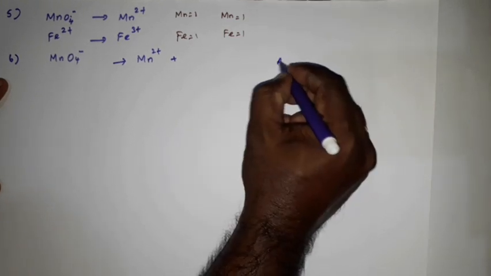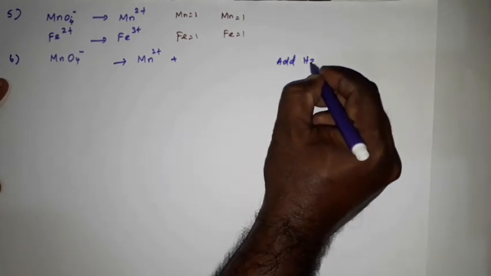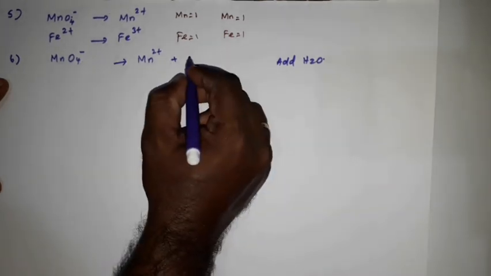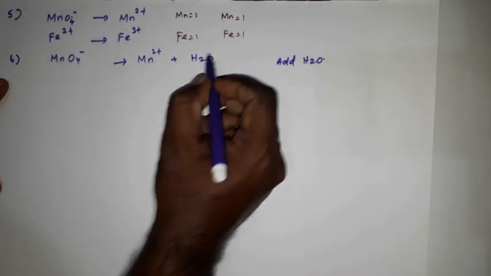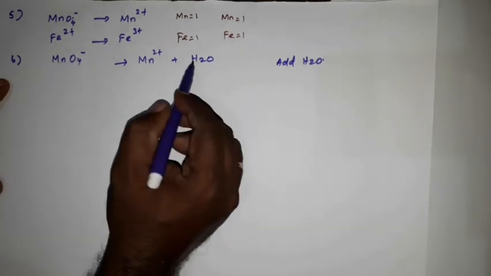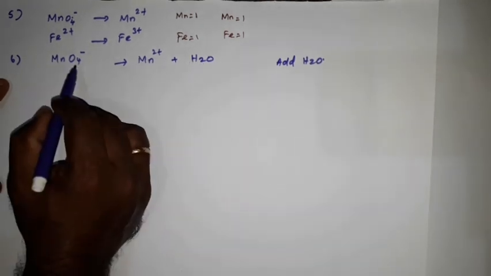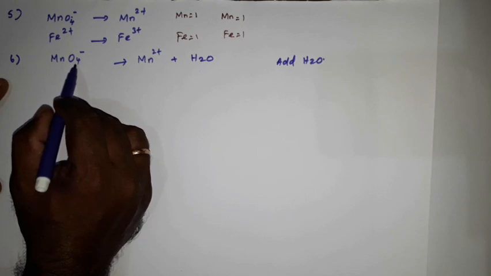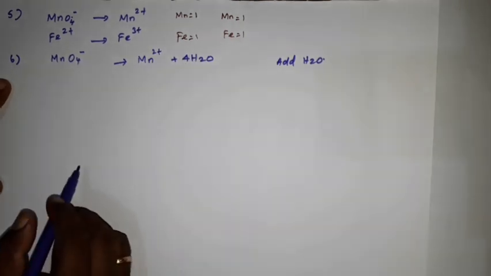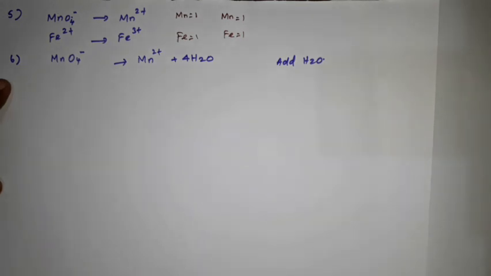So I am going to add water on the product side, because there are 4 oxygen atoms here, so I am going to add 4 H2O on the product side. Clear?